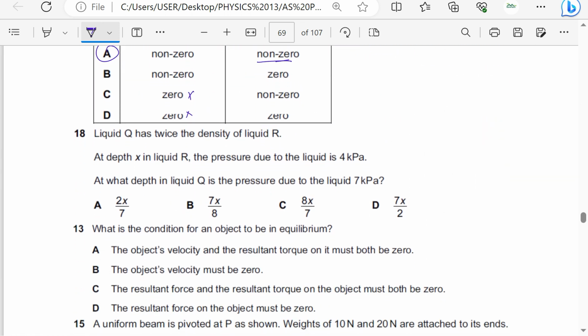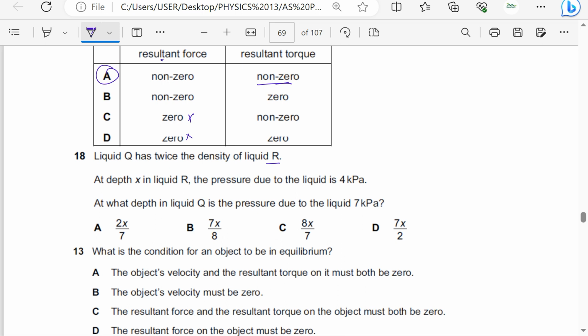Liquid Q has twice the density of liquid R. At depth x in liquid R, the pressure due to the liquid is 4 kilopascals. At what depth in liquid Q is the pressure due to the liquid 7 kilopascals? So that is very easy. Pressure is equal to density times g times height. So at depth x, the pressure is 4,000, which is equal to the density, rho, times g times the depth x.